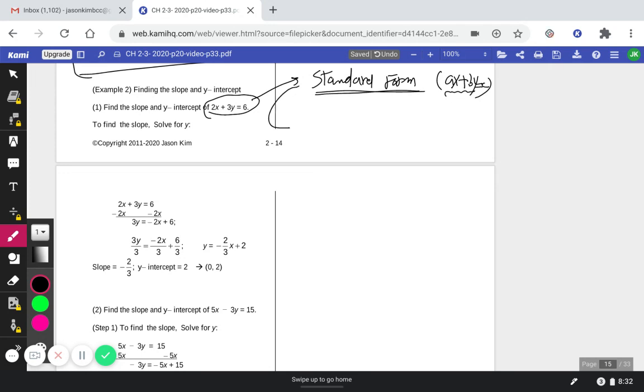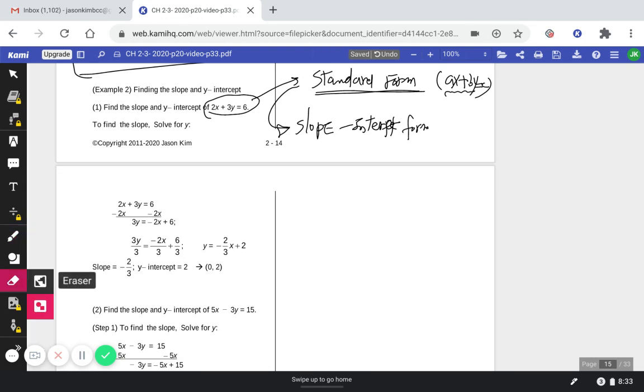So if you have a standard form, it's very hard to find slope and y-intercept as it is. So what do you do? You change that into slope intercept form, which is y equals mx plus b format.